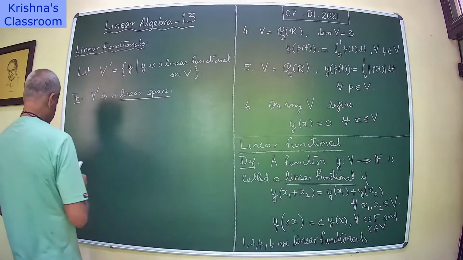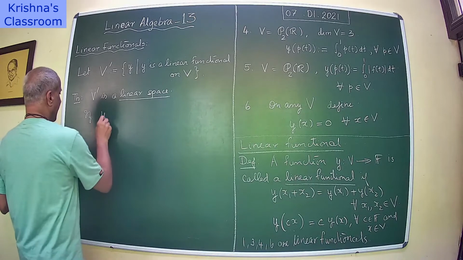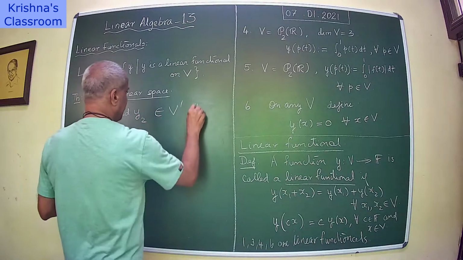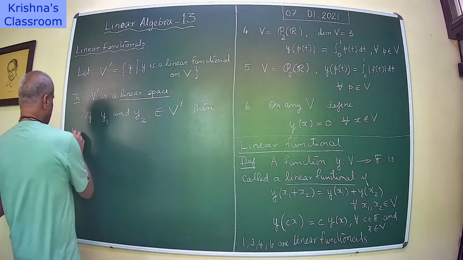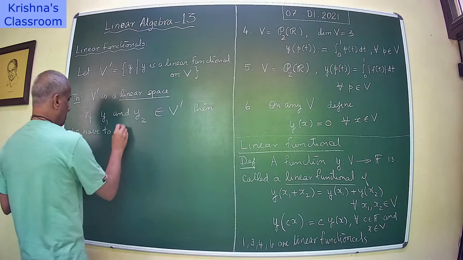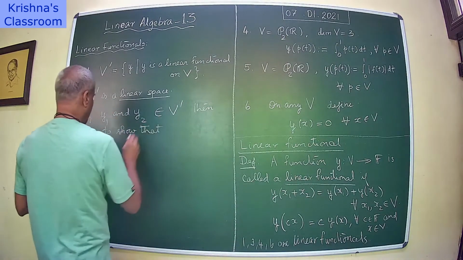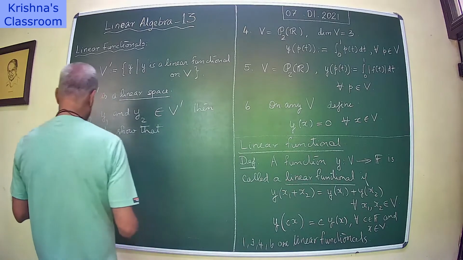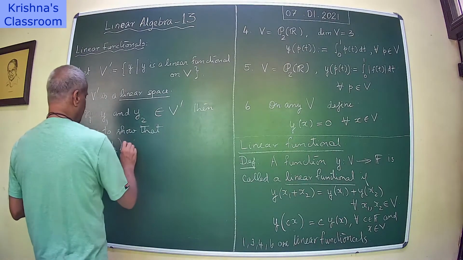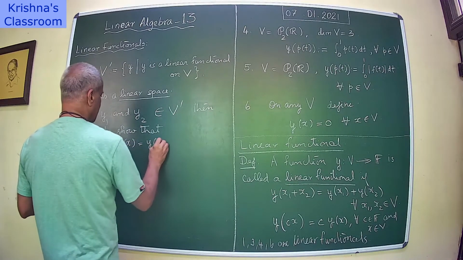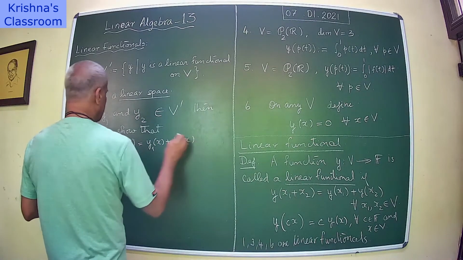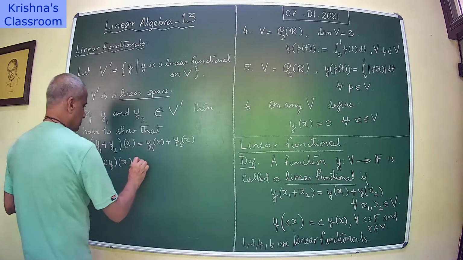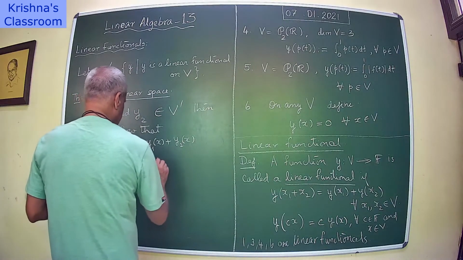What you have to prove is, if y1 and y2 belong to V prime, then we have to show that y1 plus y2 and c times y1 are also in V prime.